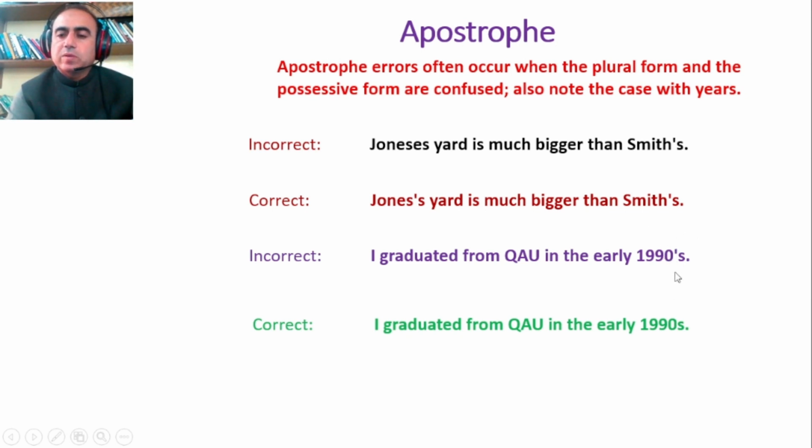It would be wrong because this is not with regard to a particular year, that is 1990. Rather, we are talking about the decade of the 1990s. So this s without an apostrophe shows the decade of 1990 that lasted till 2000.